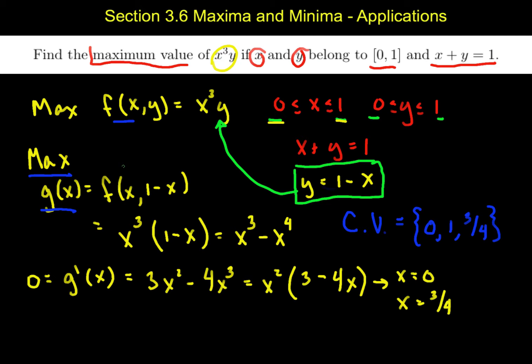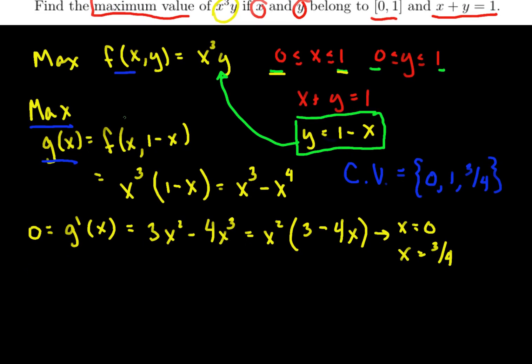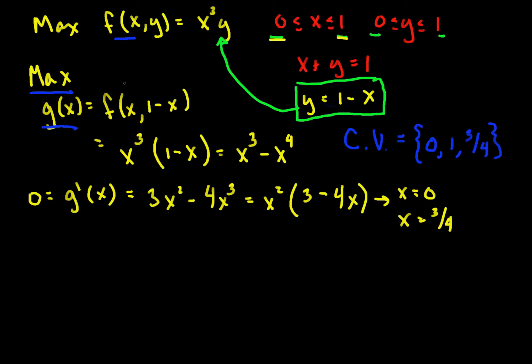I just need to find the point where g is maximized, so I will make my table. I look at my critical values and evaluate g on them. My critical values are 0, 1, and 3/4.